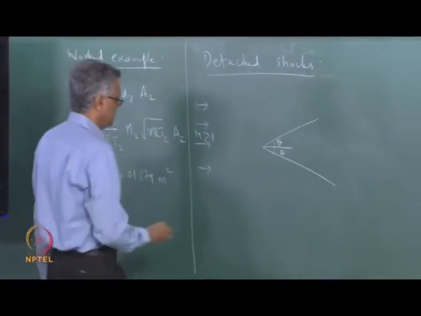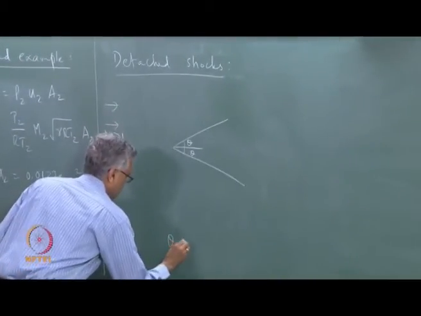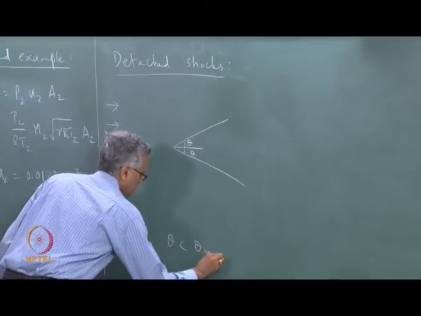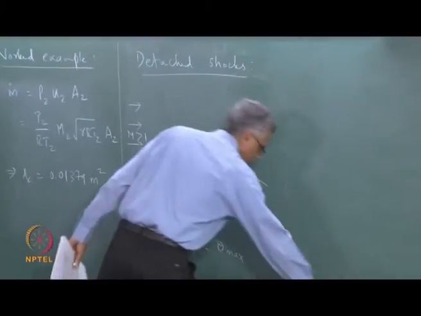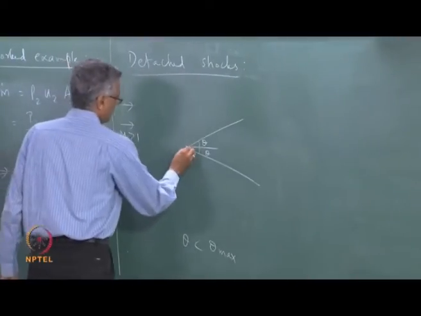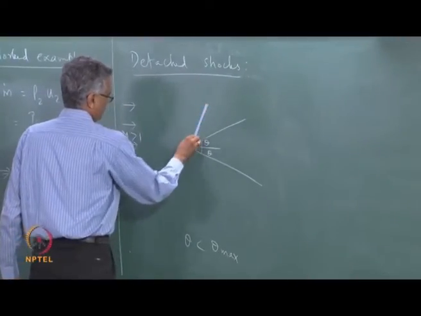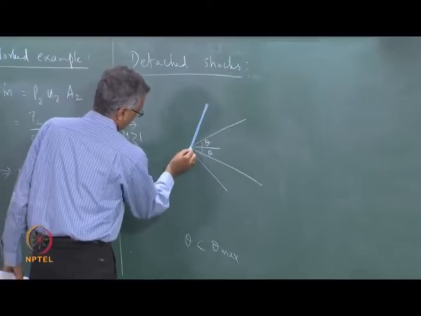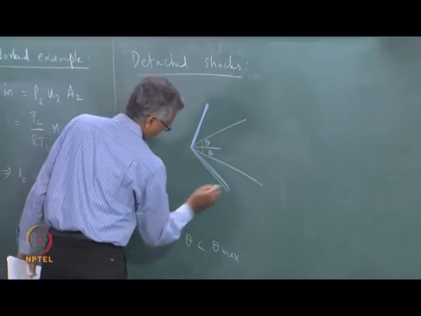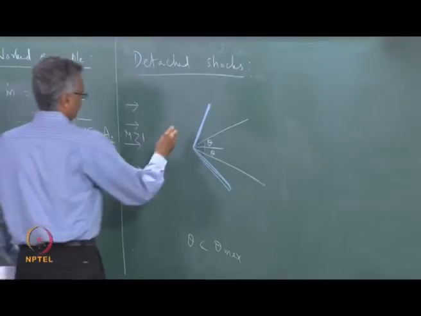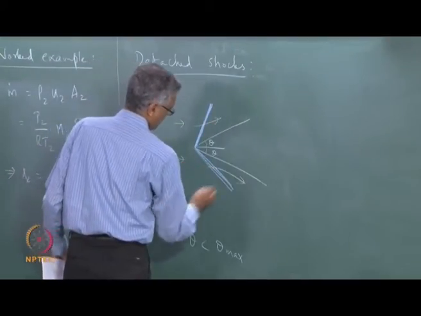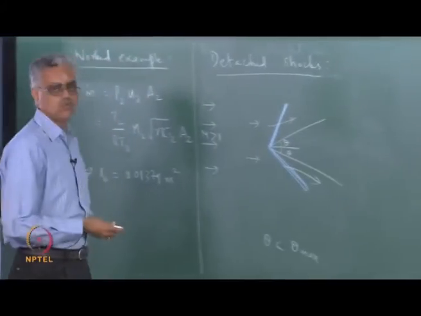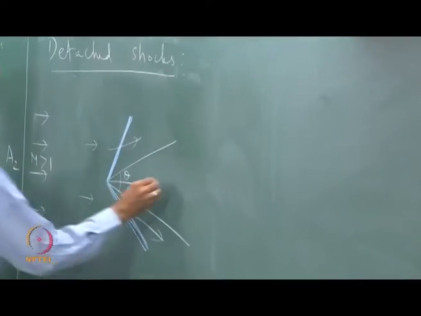If the value of theta that we have shown here is less than theta max corresponding to the free stream Mach number, then we have two oblique shocks, one on the top surface and another one on the bottom surface, which deflects the flow like this, and then the flow flows along the wedge. This is a wedge.